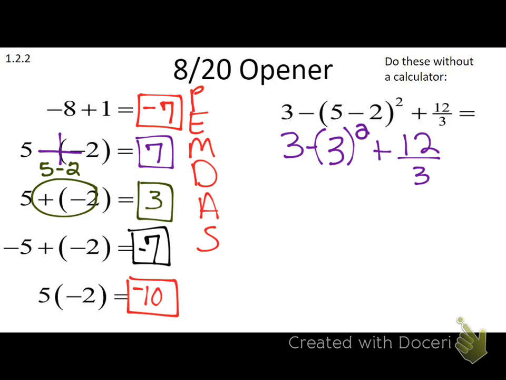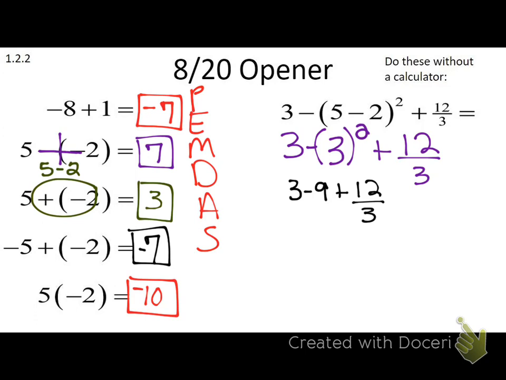Ben? Exponent. 3 squared. What's 3 squared going to be? 9, because we're not going to take 3 times 2, we're going to take 3 times 3. So now I'm going to rewrite my problem: 3 minus 9 plus 12 divided by 3.